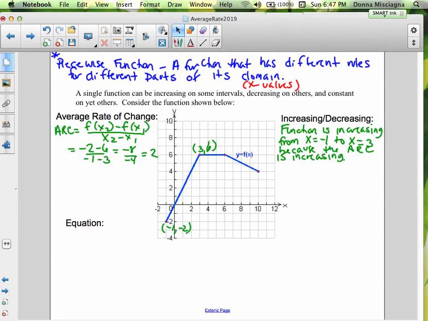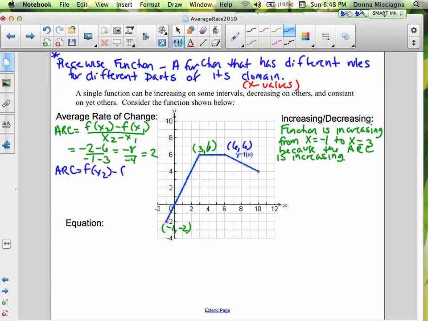All right, so now let's find the next piece. We're going to go from 3, 6 to 6, 6. So average rate of change is f of x2 minus f of x1 divided by x2 minus x1. We'll take the difference in the y-coordinates, that would be 6 minus 6, divided by the x-coordinates, 6 minus 3. So 0 divided by 3 is 0.